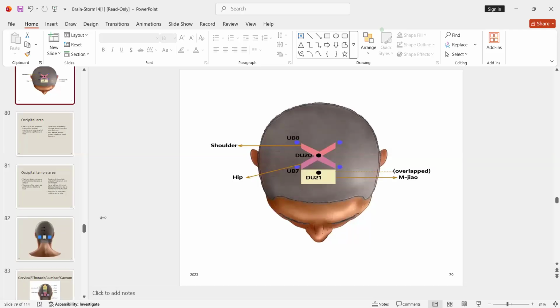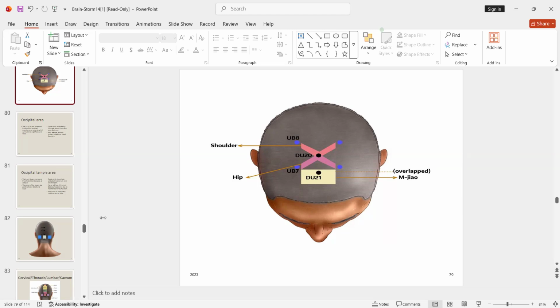Here you can see there is the center of DU20. Then on all sides there are points UB7 and UB8. These are the hip area and shoulder area.